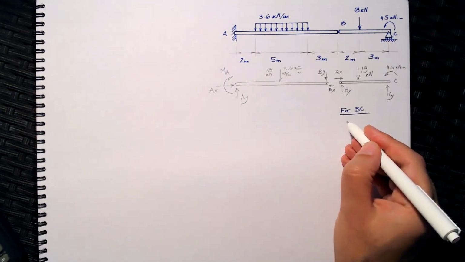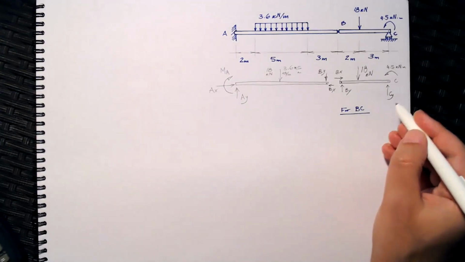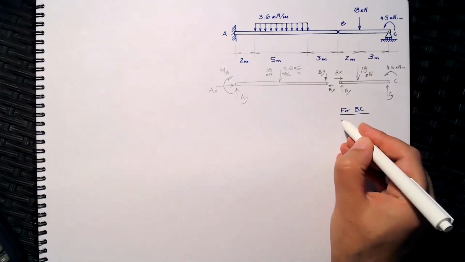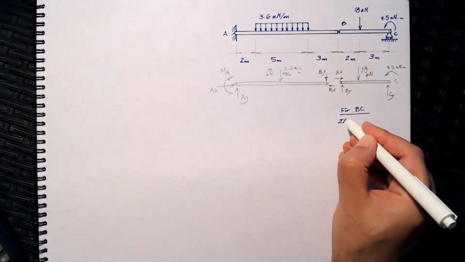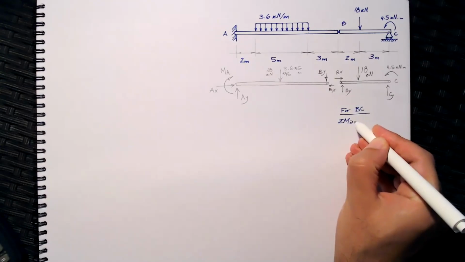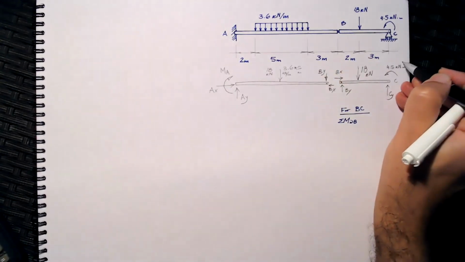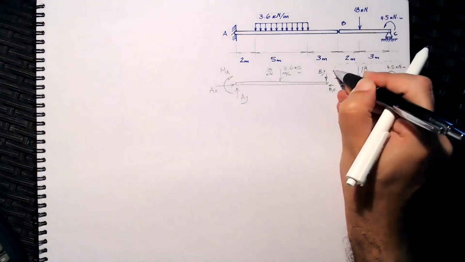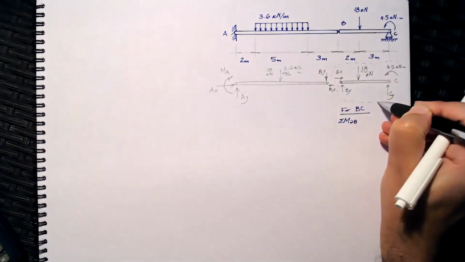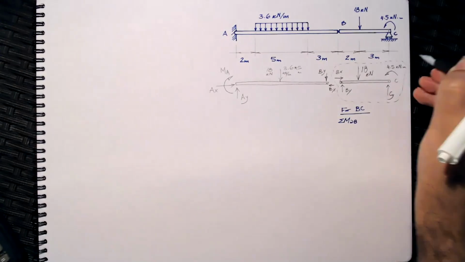I will apply the equilibrium equations. Taking the moments about B probably will help us get Cy. So I will take the summation of moments about B for the side that is included in this dotted line.